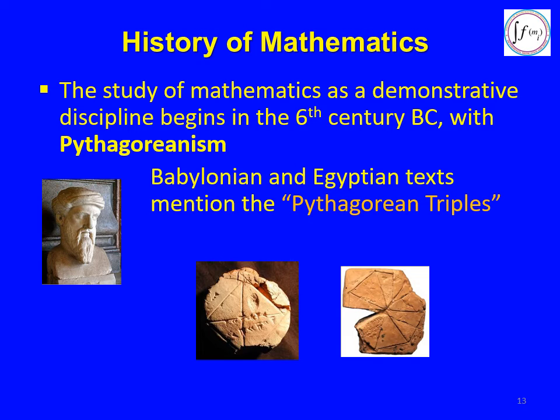These Pythagorean triples are shown in Babylonian and Egyptian texts. They were shown on clay tablets. Here are the clay tablets. You can see those triangles drawn on these clay tablets.